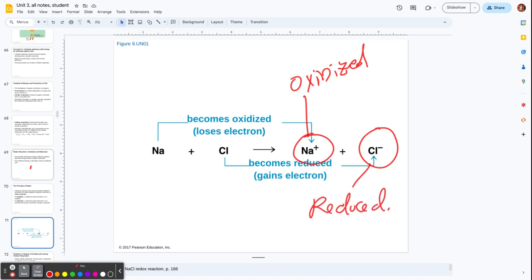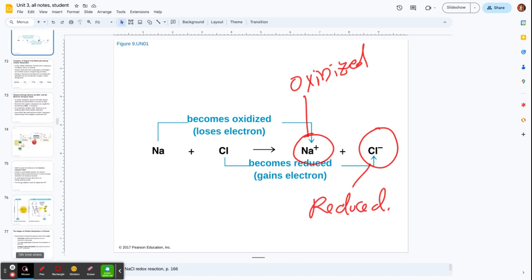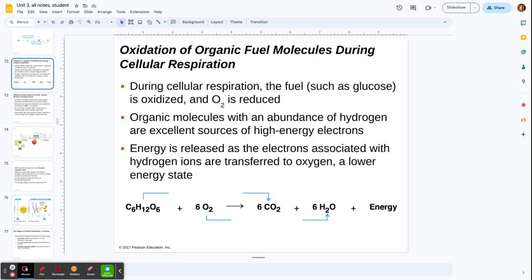Okay? Reduced and oxidized. The movement of electrons in this process happens often and is really relevant to the process because without the movement of these electrons, you would not get nearly as much energy. And we'll talk about why that is or how that is as we go along. We probably will not do that today, though, because it is a long process.